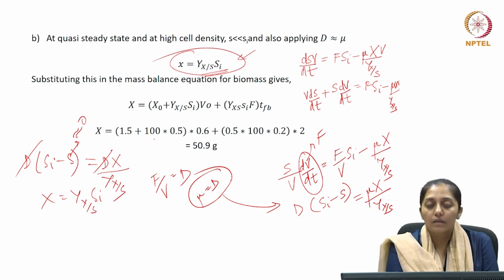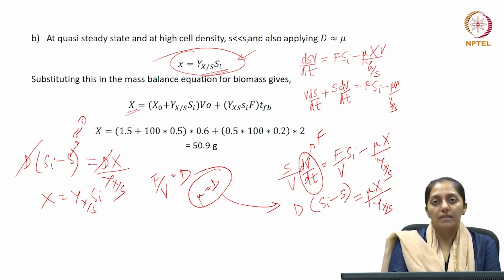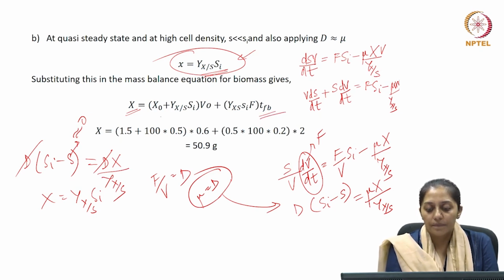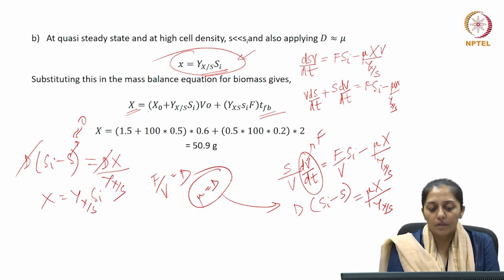We have done in the fed batch reactors theory classes that the concentration remains the same for a pseudo steady state fed batch system. However, the amount of biomass will keep changing as a function of time, the flow rate of the feed.